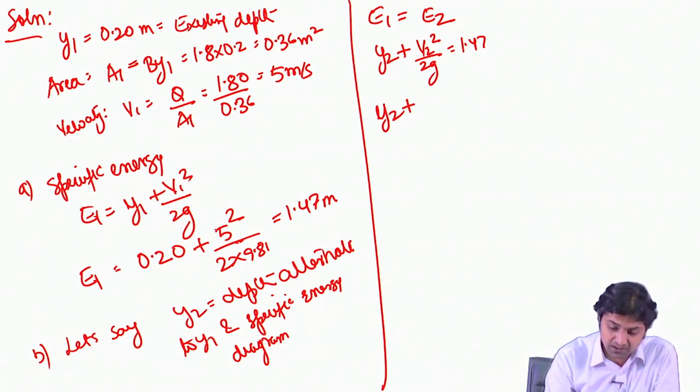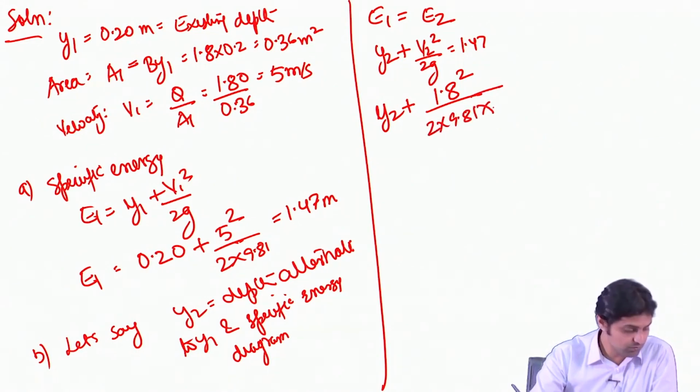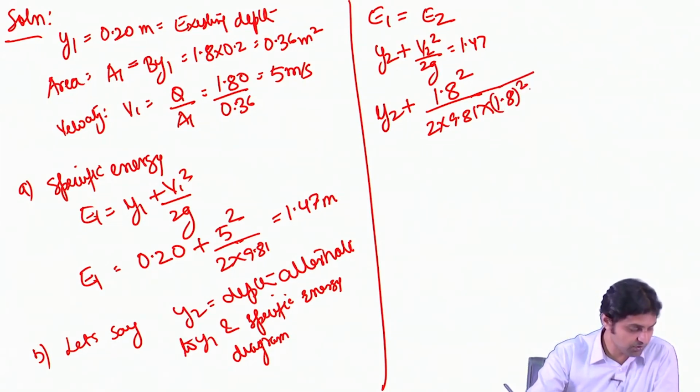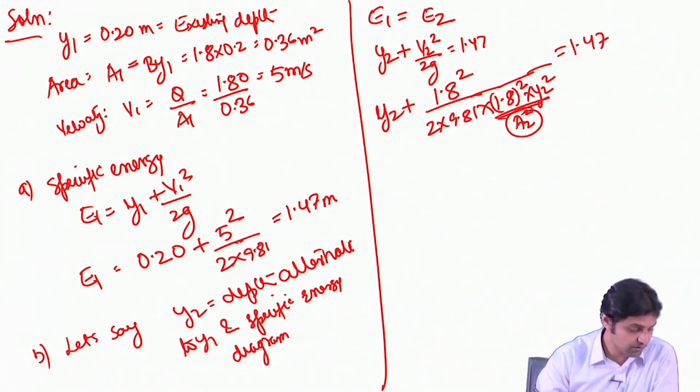V2 is Q by A2. All right. So, V2 square is Q square divided by A2 square. So, we will still write 2 into 9.81, that is 2g, and then it is 1.8, because B1 into y1. Okay. So, this is A2 square, is equal to 1.47. All right.